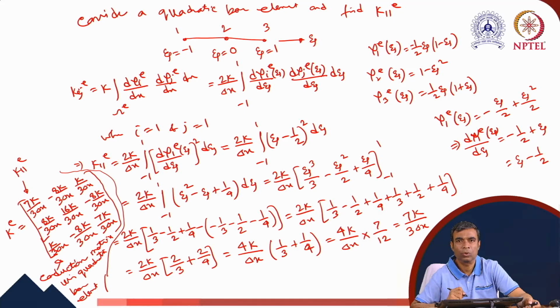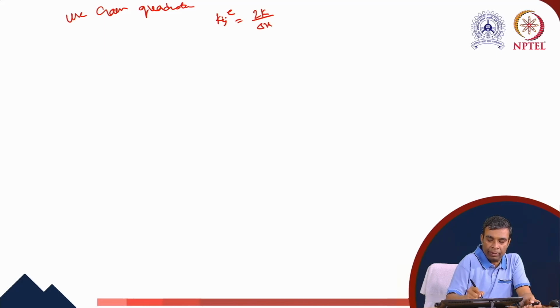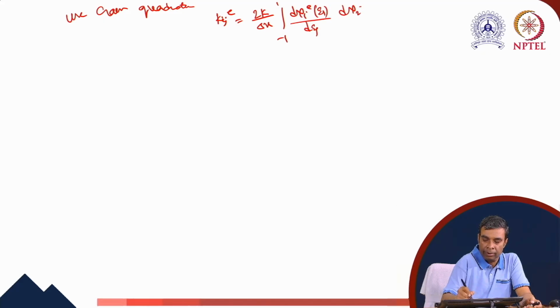Now let us go for the Gauss quadrature for the same integration. Here Kij equals 2k by delta x integration from minus 1 to 1 of d psi i/d xi d psi j/d xi d xi.